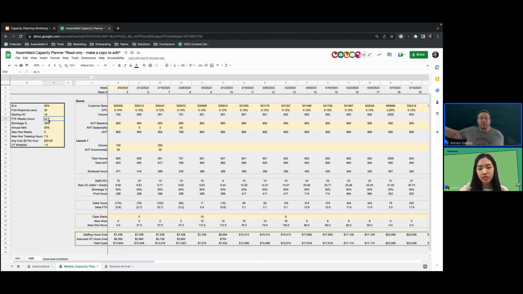If you want to say throw lunch out and just do 40 hours a week and then shrinkage from there, great. The shrinkage from there, that is this input right here, that is definitely one that, if you remember from last time, you should be looking at your historical information and gathering the average shrinkage. And you're going to plot in breaks and team meetings and coachings, and all of that's probably going to get you all the way up into the teens of percentage anyways, just doing the math. That's just how it works out, maybe even into the low 20s.